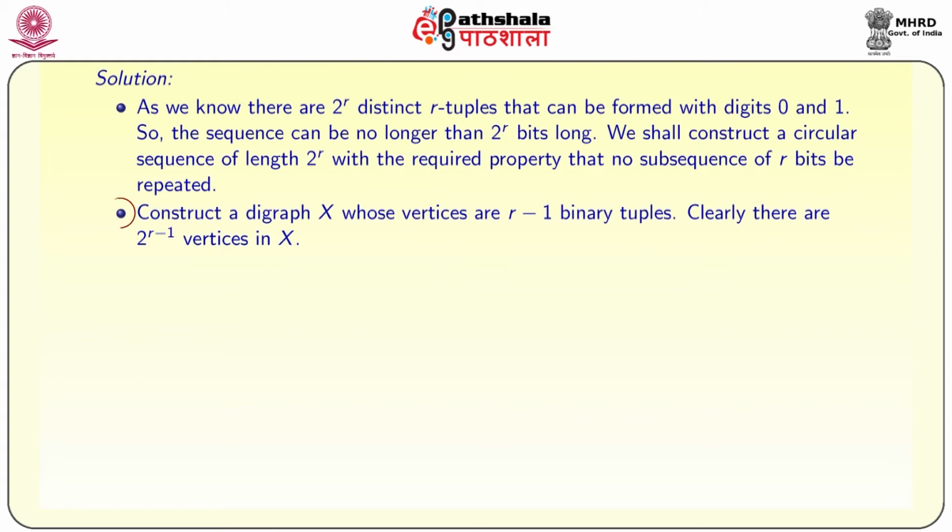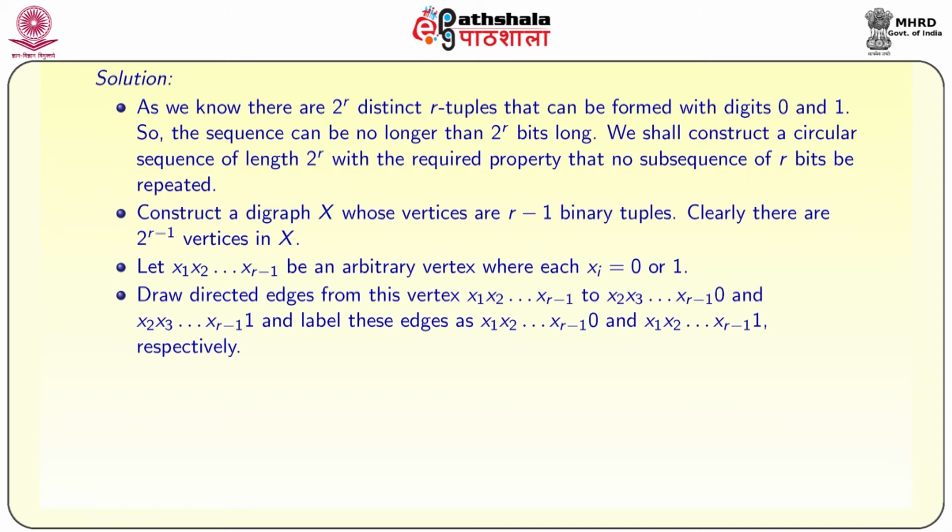Construct a digraph whose vertices are (r-1)-bit binary tuples. Clearly, there are 2^(r-1) vertices in X. Let x1, x2 and so on up to x(r-1) be an arbitrary vertex, that is a binary sequence of length r-1. Each xi is either 0 or 1.